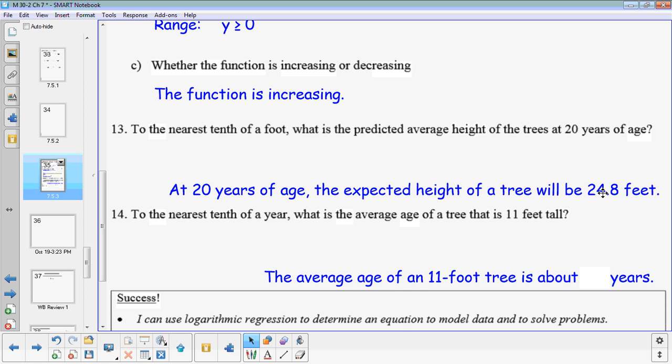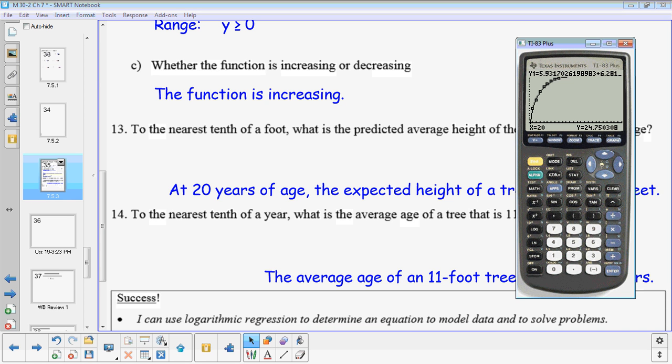So again, we want to look at our graph. We know the height. So I want to make sure my y max does go above 11. That's good. So I'll enter 11 as a height. Graph them.